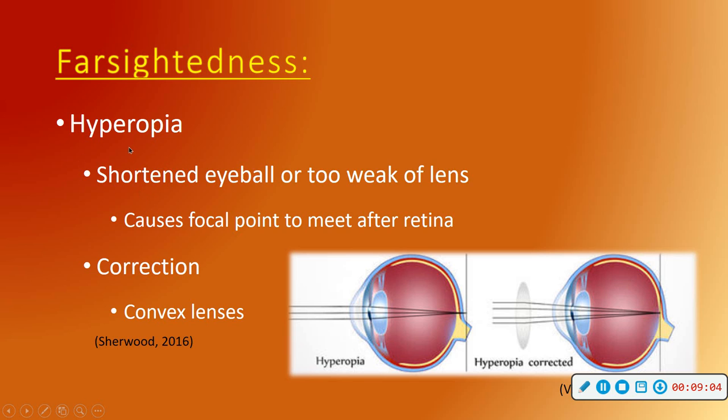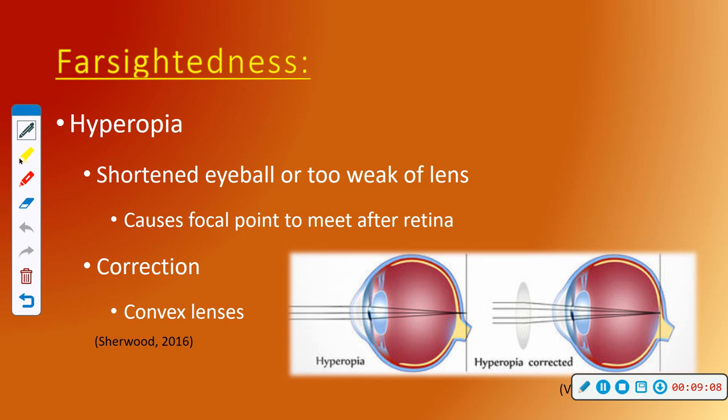But where the last one had the long eyeball, this person's is too short. So when the light hits, they don't meet at a focal point until past the retina. So it's not a clear view at the retina where it needs to hit.